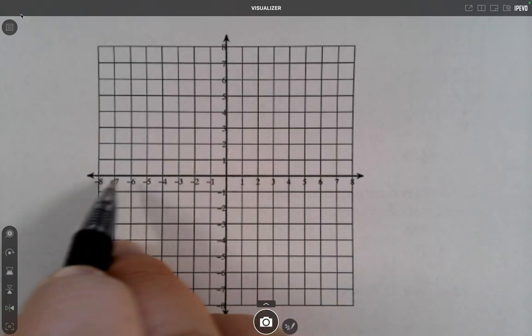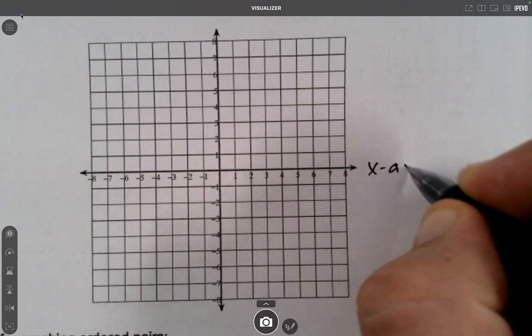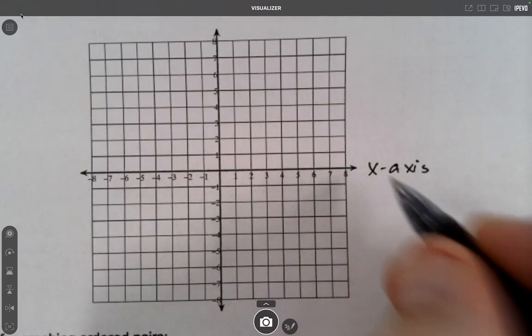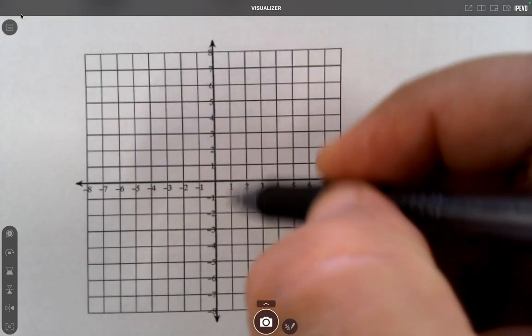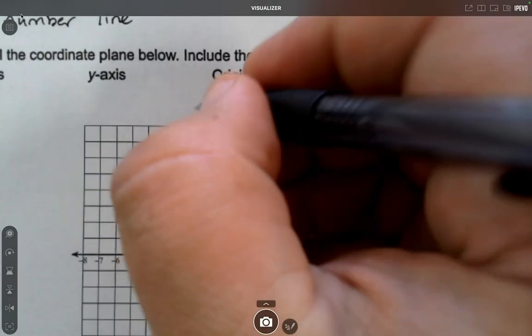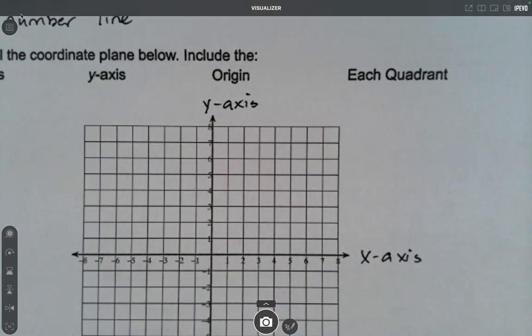The x-axis is this horizontal number line. So this is the x-axis right here. Normally it's just labeled with an x, so you know it's the x-axis. Now the vertical one, going straight up and down, this is the y-axis. And it's usually just labeled with a y, but just for identification. So the x-axis is horizontal, the y-axis is vertical.